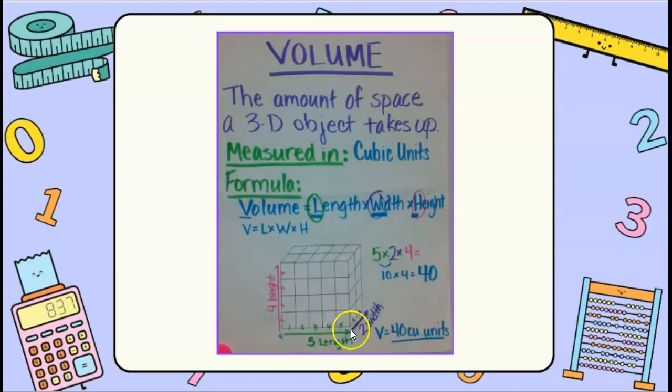The width is how wide it is or how far back that object goes. And the height is how tall that object stands. To be able to measure volume, we must have those 3 measurements, multiply them together, and that will give us the volume of an object.